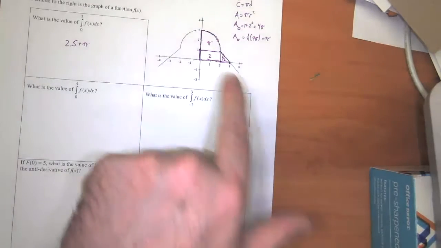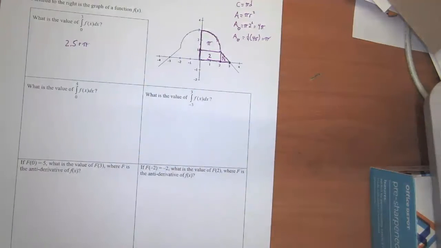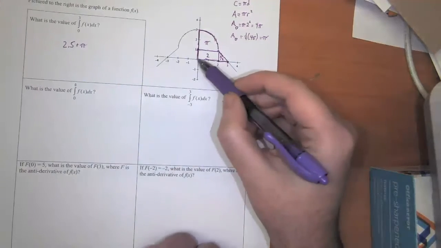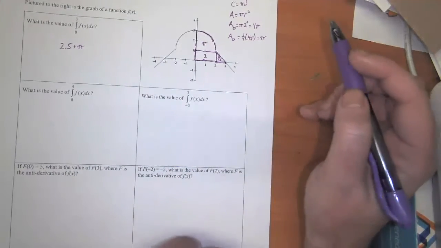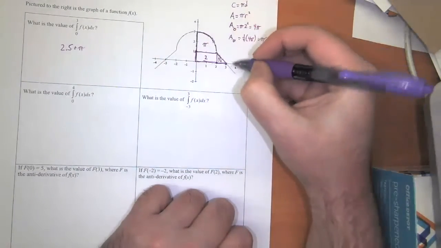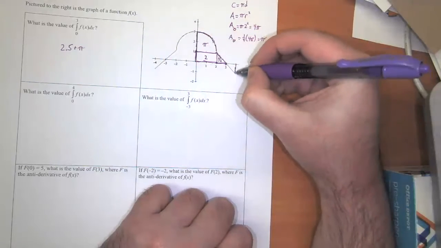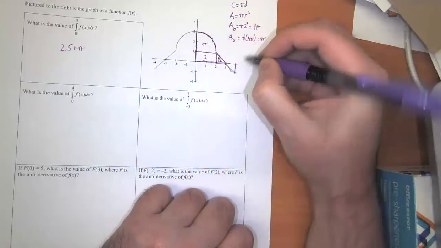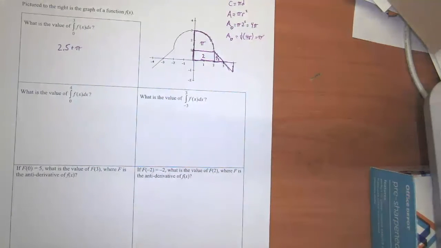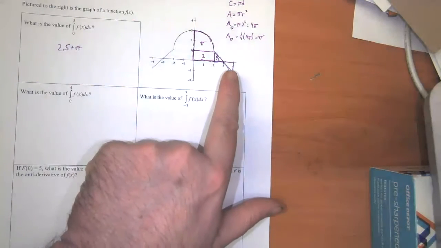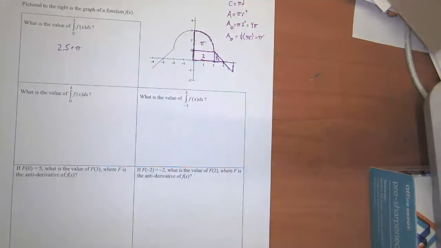Once again, we're going to treat this like it's a geometry problem, except this time we're going from 0 to 4. So in addition to that whole shape, we're going to include this shape right here. How is that going to change the area? What's the area of this shape?